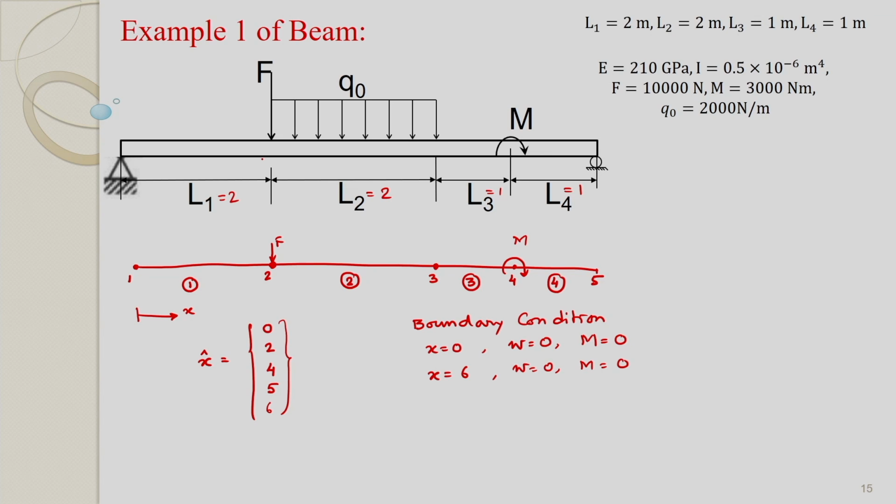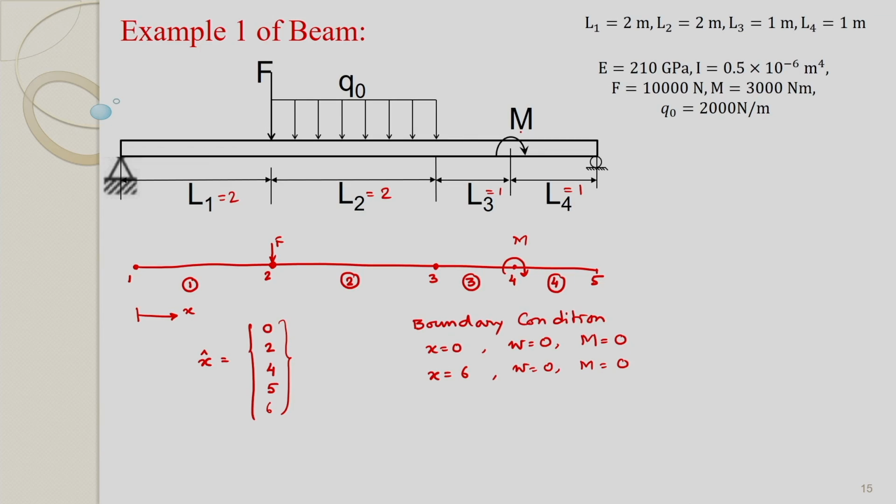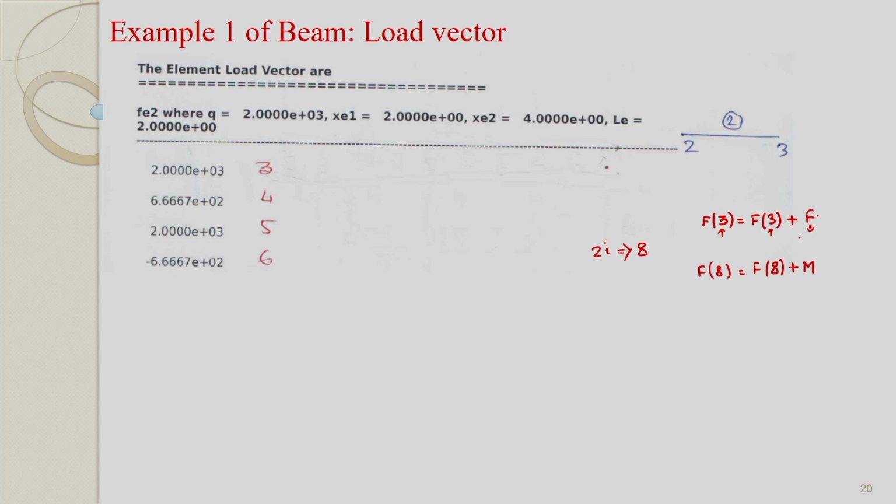So, in this case F is positive, which is 10,000 Newton, and also our moment is positive clockwise, because our rotation convention is positive clockwise. So, here M is also positive. So, this will be positive 10,000 and our moment is 3000, that is also positive.